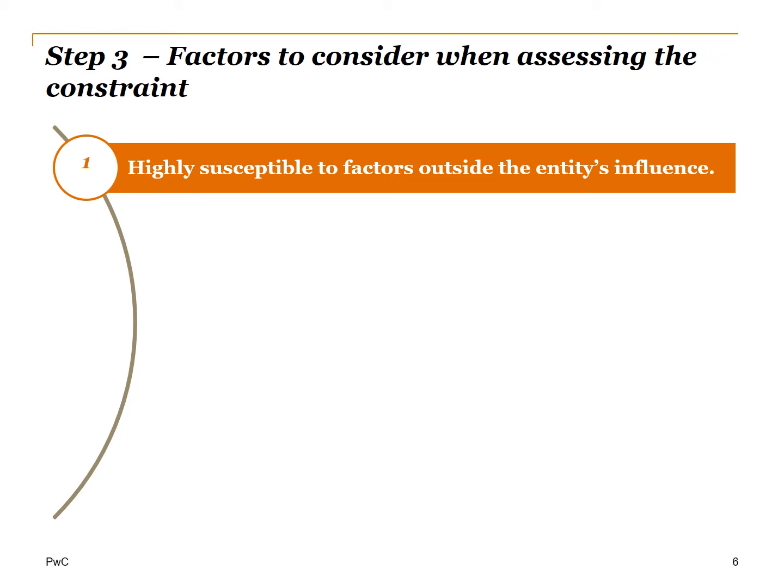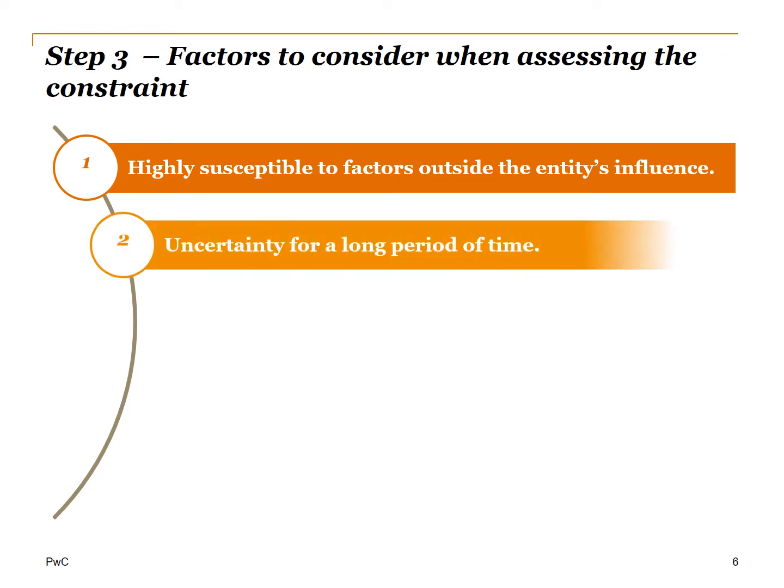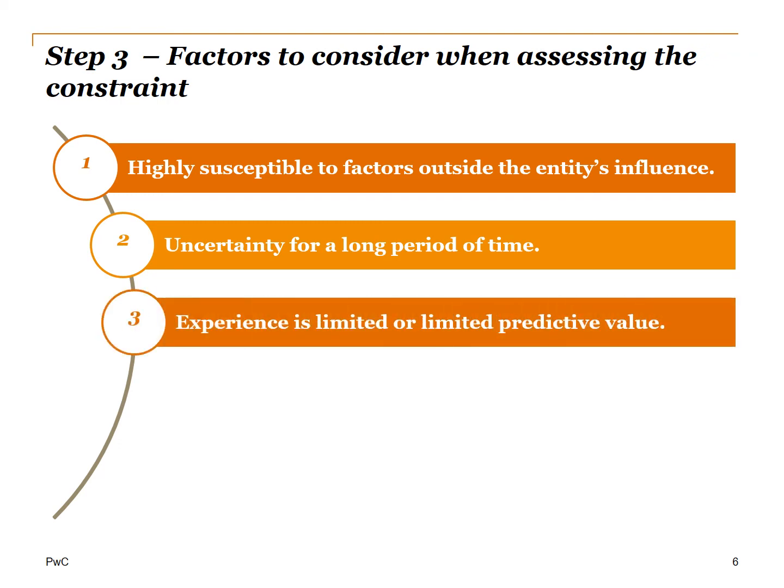The factors may include volatility in a market, the judgment or actions of third parties, weather conditions, and a high risk of obsolescence of a promised good or service. The uncertainty about the amount of consideration is not expected to be resolved for a long period of time. The entity's experience or other evidence with similar types of contracts is limited, or that experience or other evidence has limited predictive value.